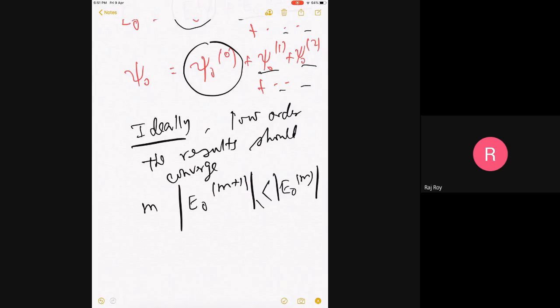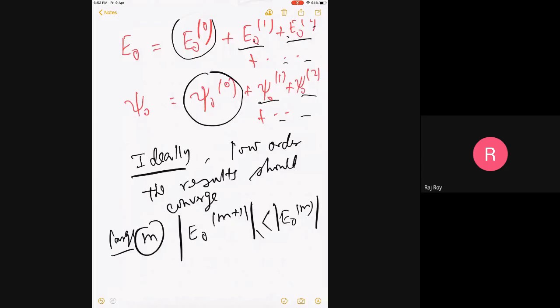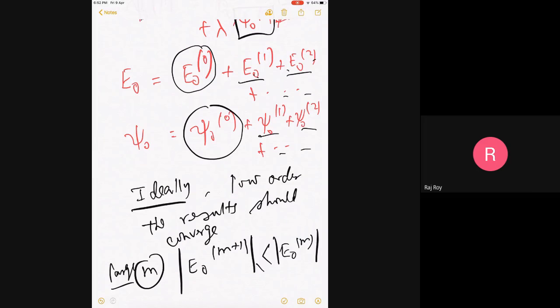Because I don't know what will happen to the sign, but the absolute value should become less and less as m becomes larger. This would mean that my perturbation theory is converging. Energy converges. It is expected that the wave function is also converging, though it is not necessarily true. But we are interested more in energy, so energy convergence is a very important criterion.